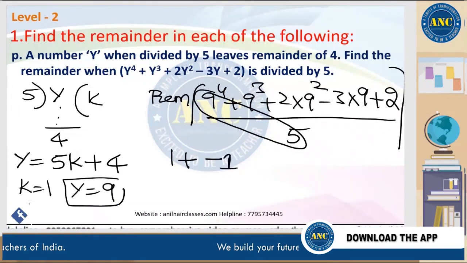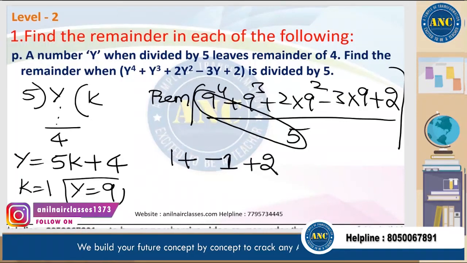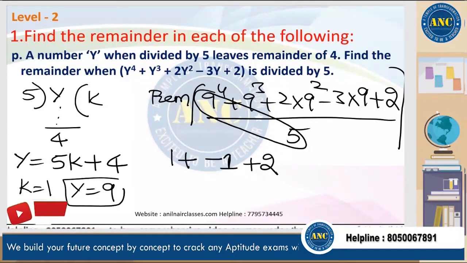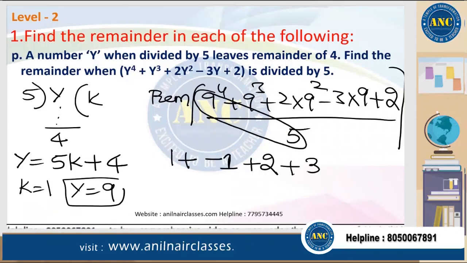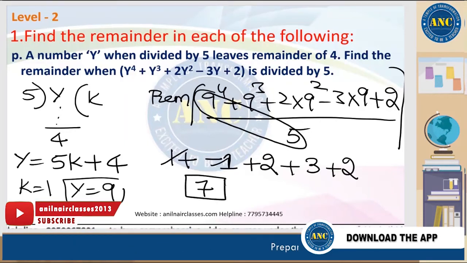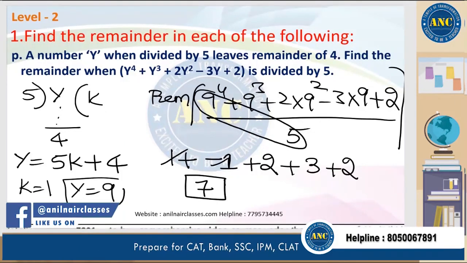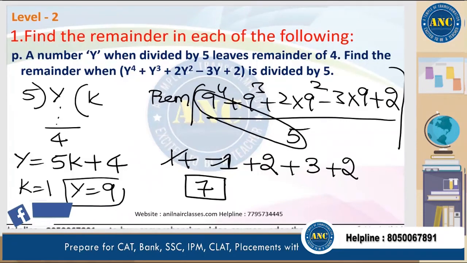Minus 1 cube is minus 1. Minus 1 square is plus 1, times 2. Minus into minus is plus, so plus 3. Plus 2. Cancel. 2 plus 3 plus 2 is 7. I hope it is clear.